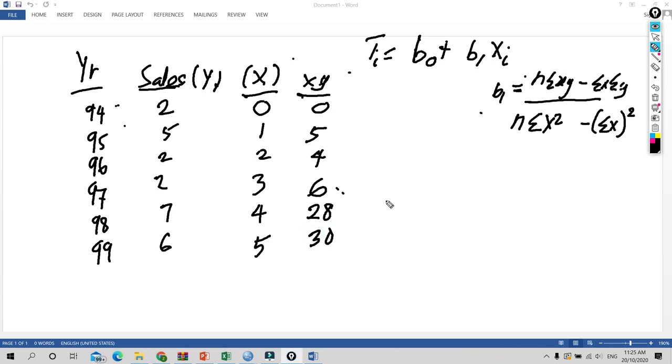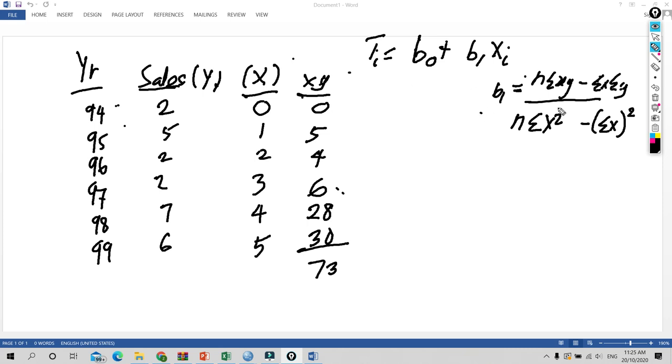Summation of xy means the total here. If I sum, I get 10, 40, 68, plus 5 is 73. This is my summation of xy.